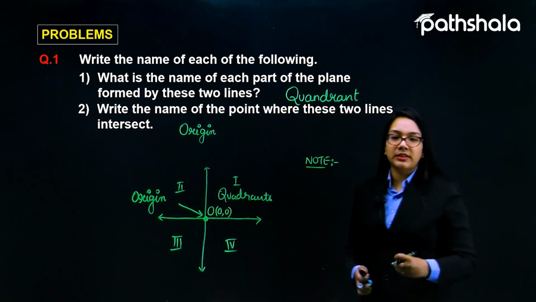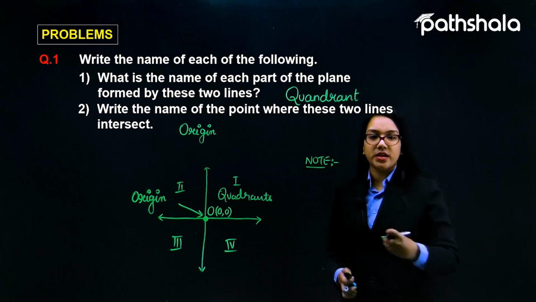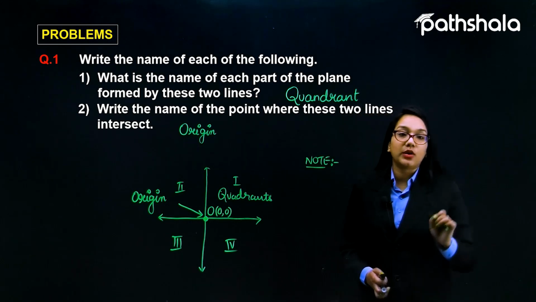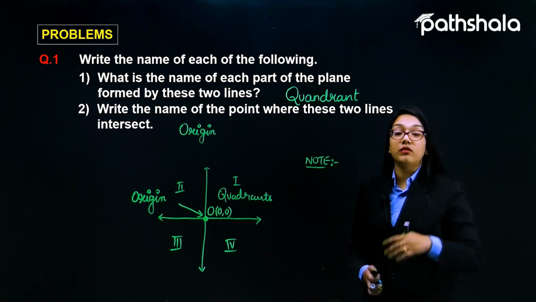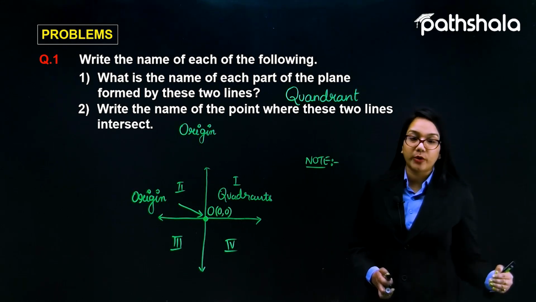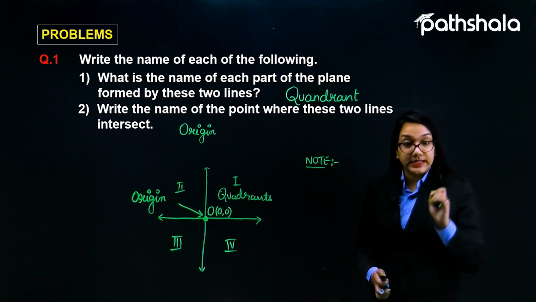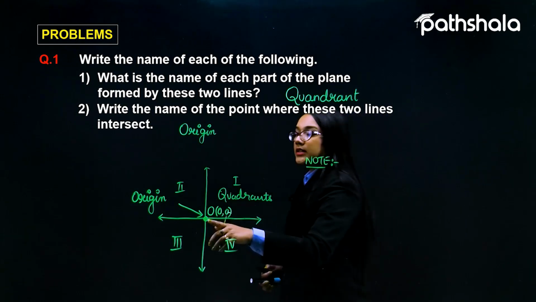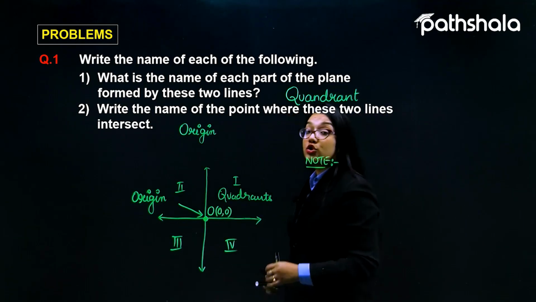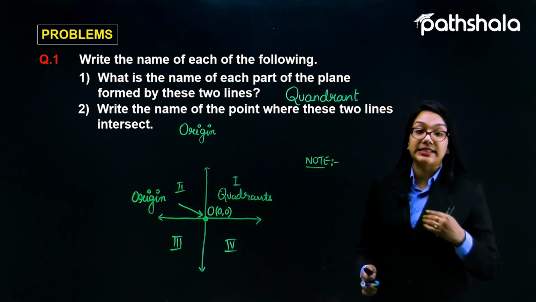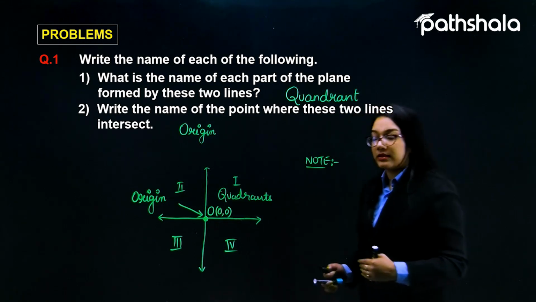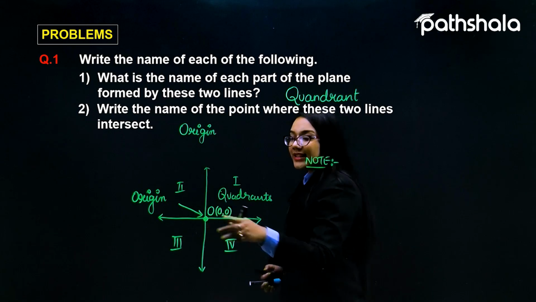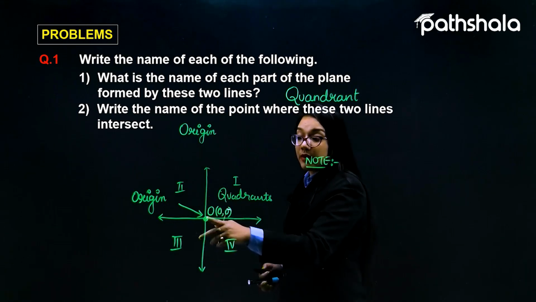Always remember that the origin is denoted by the capital O, and its coordinates are always 0, 0, because we always start with 0. At this particular point the x will be 0 and the y will be 0.